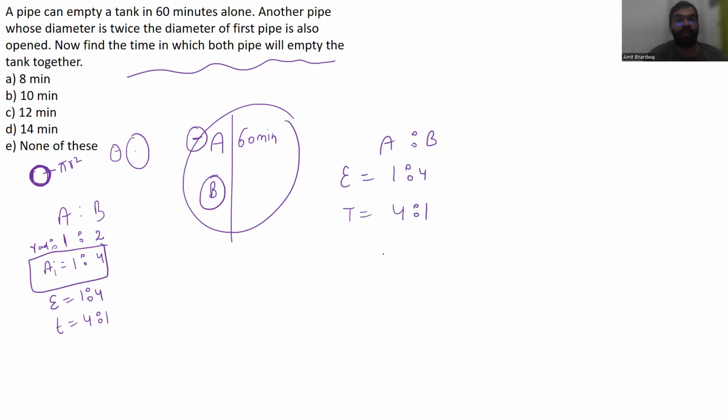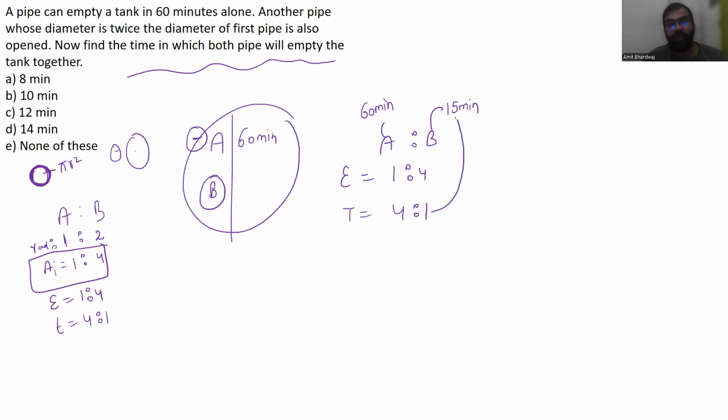We need to understand that pipe A can empty the tank in 60 minutes, right? So this pipe, B, will definitely take 15 minutes, because efficiency is high.